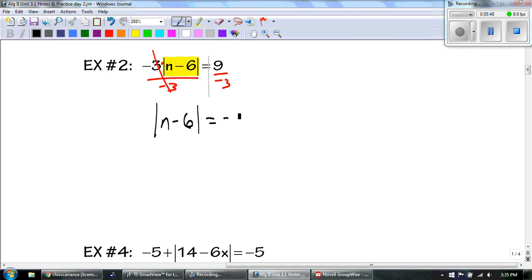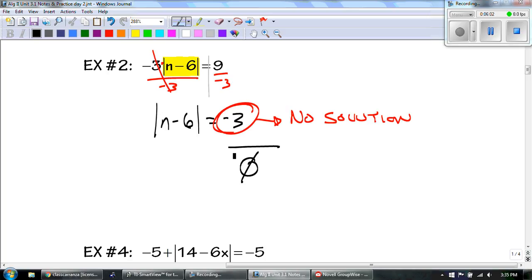Well, that's -3. And when my absolute value equals a negative, it's no solution. Okay? So I know right away that this is, well, not right away because we had to do something first, but it's no solution.